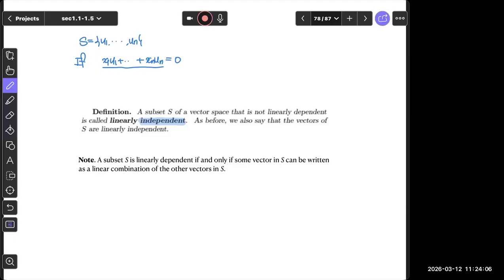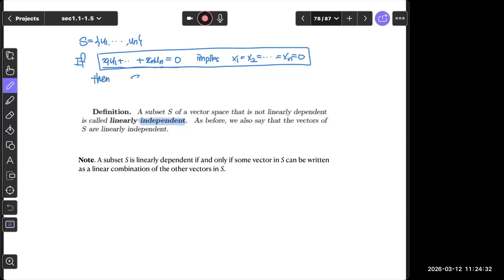That means the coefficients must be all 0. So if this equation implies that x1, x2 up to xn, these coefficients, are all 0, then we say S is linearly independent.